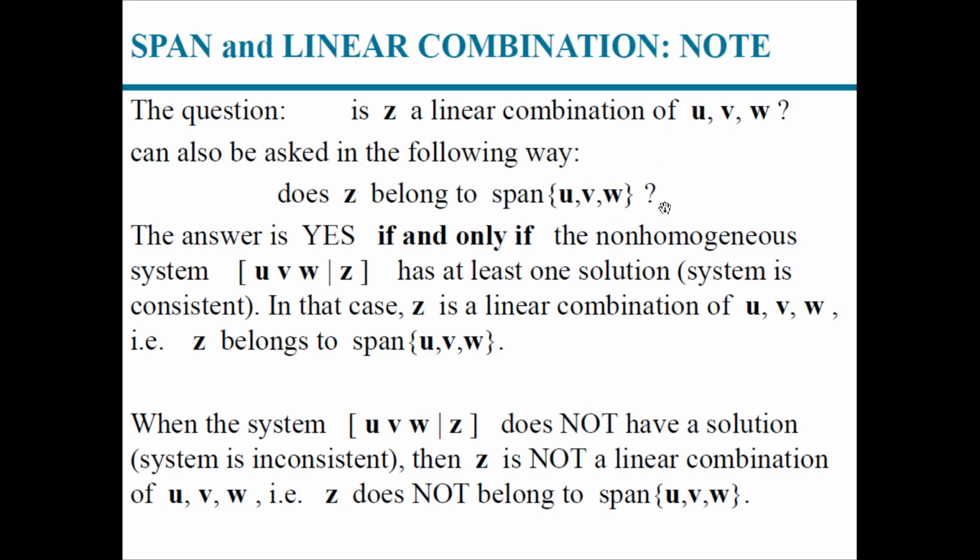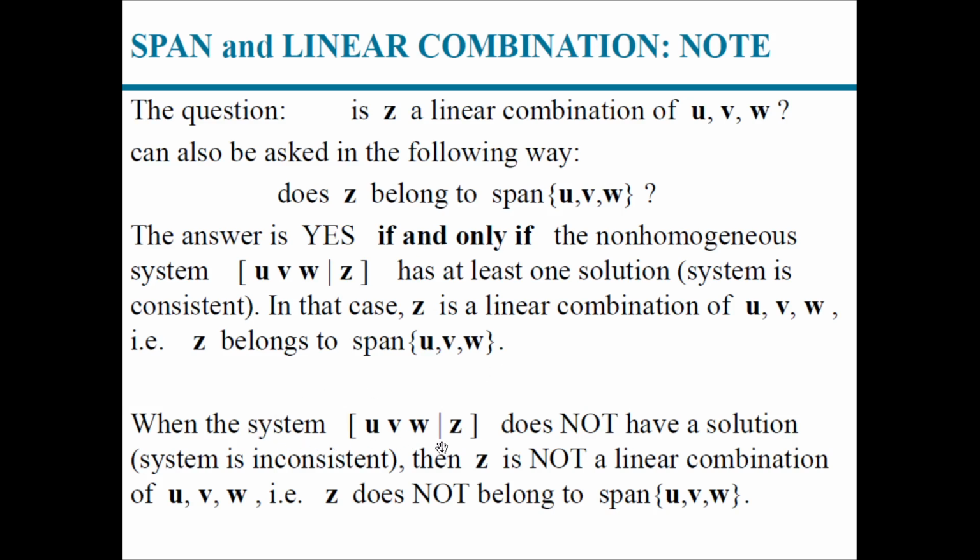How do we verify that? The same way as we did for linear combinations, we need to solve a non-homogeneous system. If this system has at least one solution, that means if it is consistent, then indeed z is a linear combination of u, v, and w, so z belongs to the span of u, v, and w.